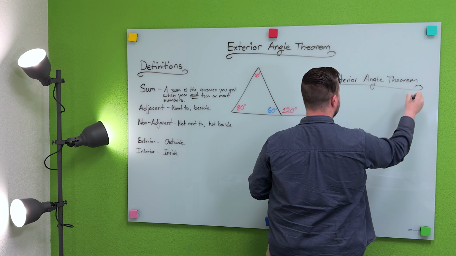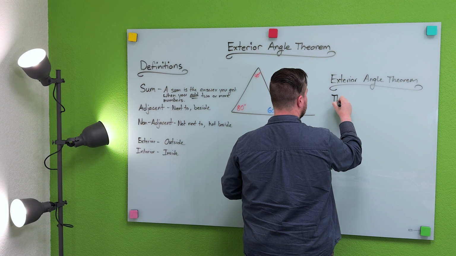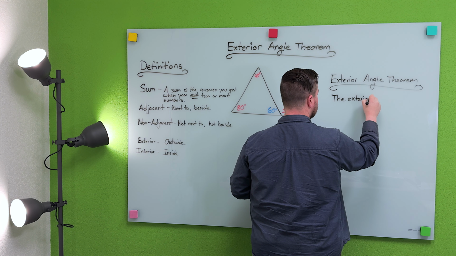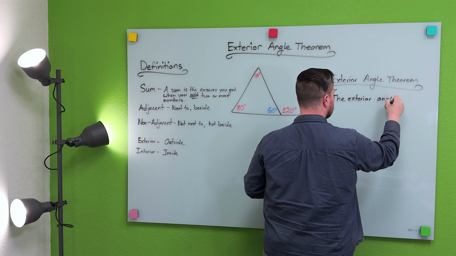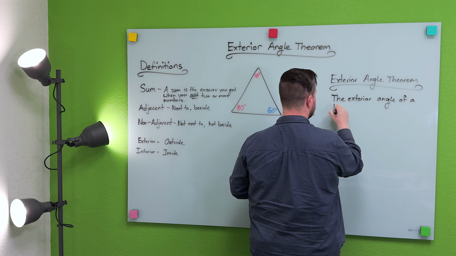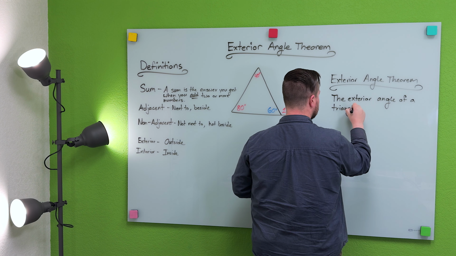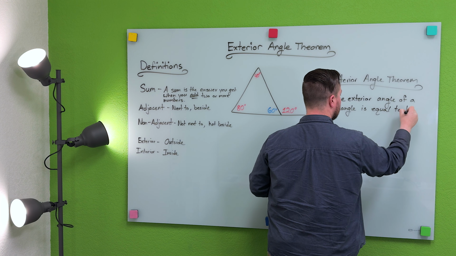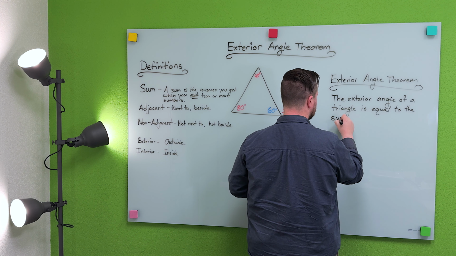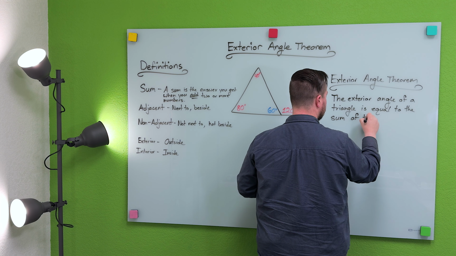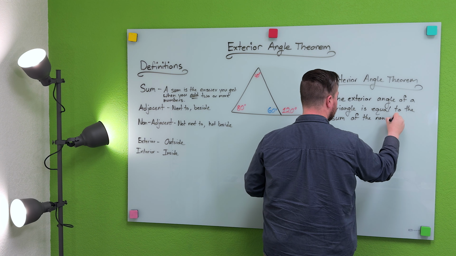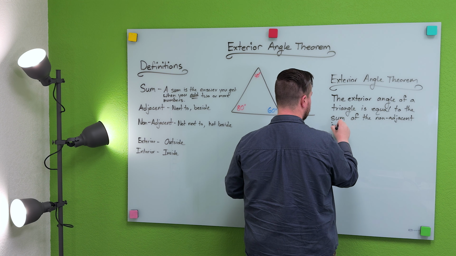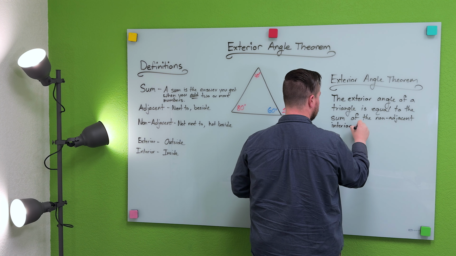What the exterior angle theorem says is the exterior angle of a triangle is equal to the sum of the non-adjacent interior angles.